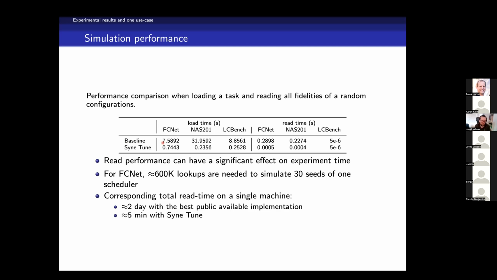So that's the time in seconds it takes to load a benchmark of this family compared to Syne Tune. And on the right column, you have the time it takes to load all the fidelities of one configuration. And not everywhere.